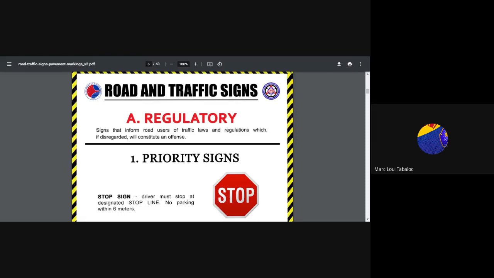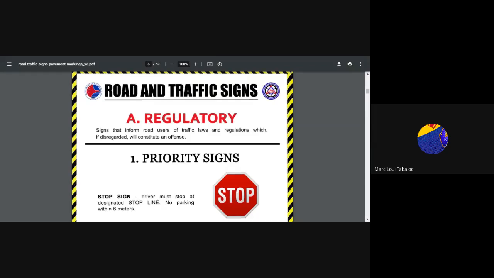Ayan. Meron tayong unang klase or the first kind of traffic signs, which lahat naman sila, ang purpose nila is to inform road users, to control movement of traffic, and at the same time, to safeguard traffic. Ayan. To let them know na, oh, may alternative roads or dito papunta sa Davao or papuntang Tagum or dapat mo position ang mga vehicles if they want to go left or go right.